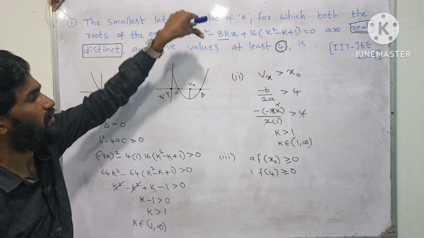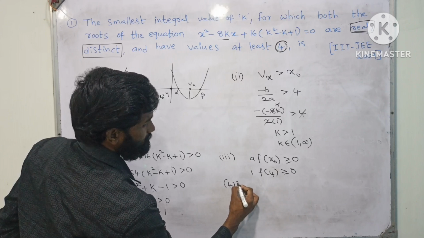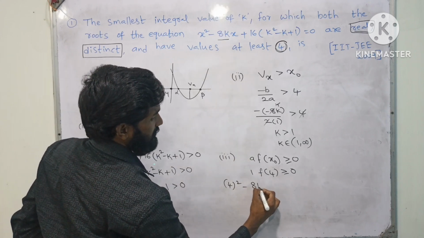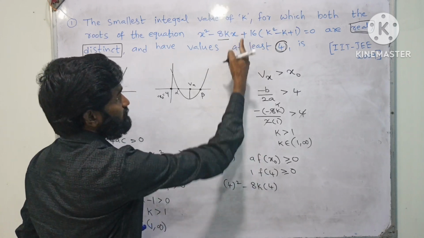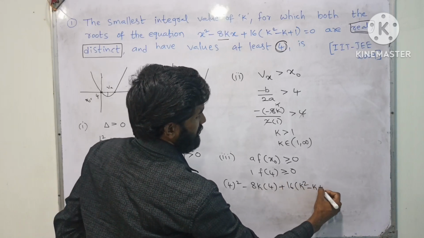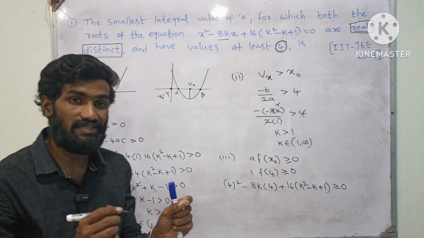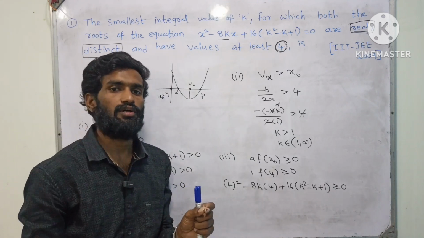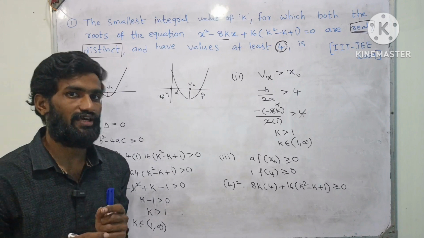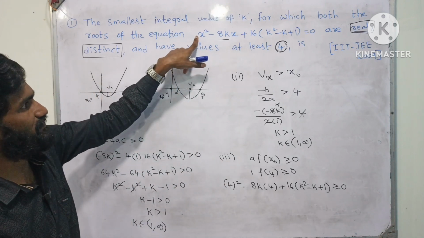Now substitute 4 in this equation, which gives 4 square minus 8k into 4 plus 16 of k square minus k plus 1, which is greater than or equal to 0. We have to substitute 4 in place of x only. Don't substitute in place of k.